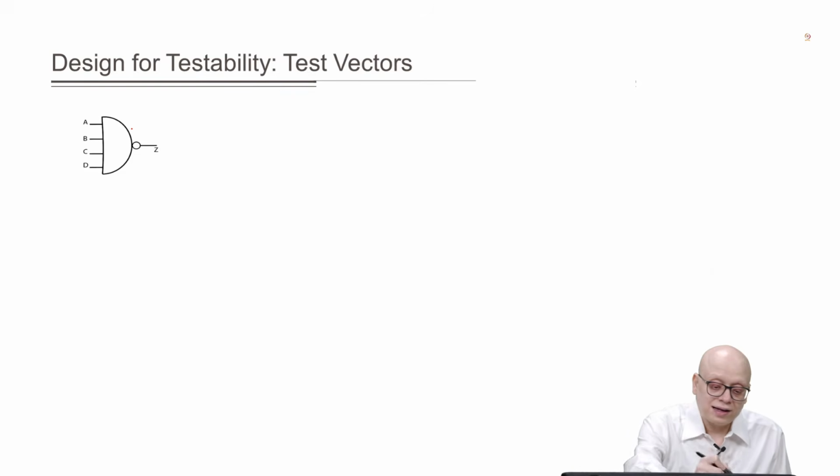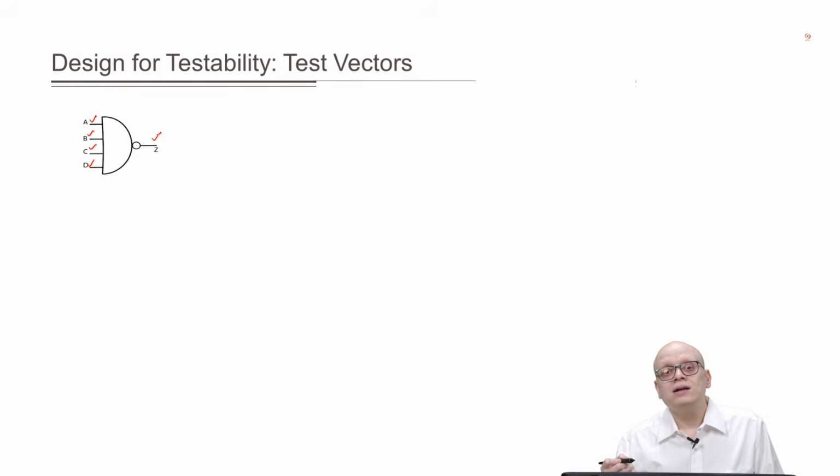Since there are 4 input pins and 1 output pin, and each of them can have a stuck at 0 and stuck at 1 fault, the number of faults that need to be detected for this circuit is 5 into 2, that is 10 faults, right.